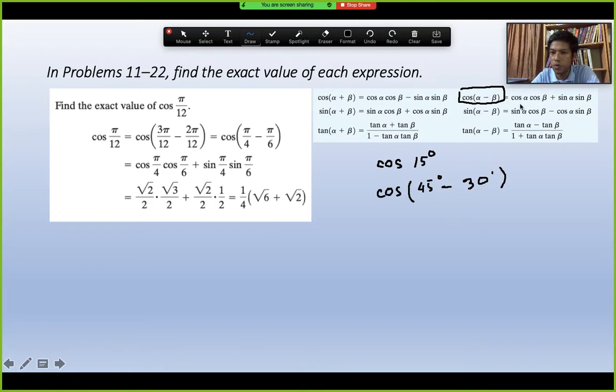That means we will have to write this side of the equation. So this is cos 45 degree, and you already know cos comes together, cos back to back. That means cos, then this will be cos 30 degree.